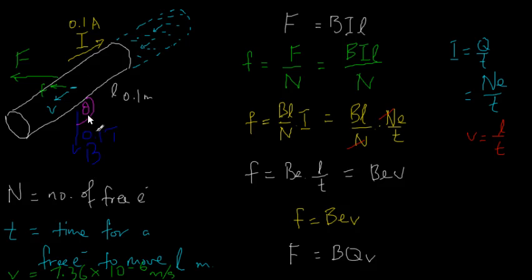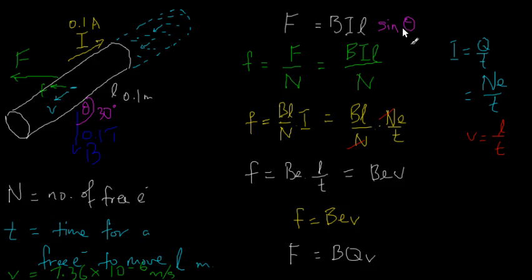Now this angle, if you recall from an earlier video, if this angle is not 90 degrees, as I seem to show here, if it is at some other angle like maybe 30 degrees, some acute angle, or even an obtuse angle, then to this formula we must add the factor sine theta.